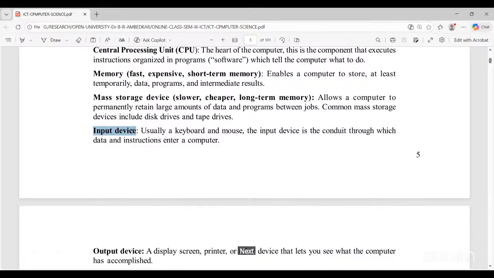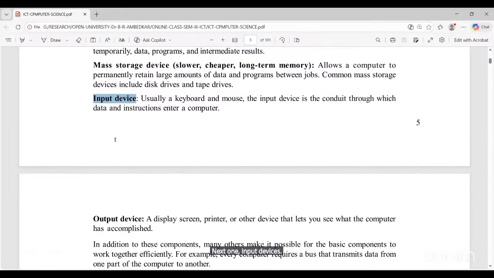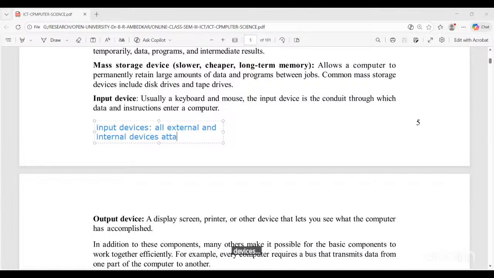Next one, input devices. Input devices you can call all the devices which you can attach to the computer, all external and internal devices attached to the computer.